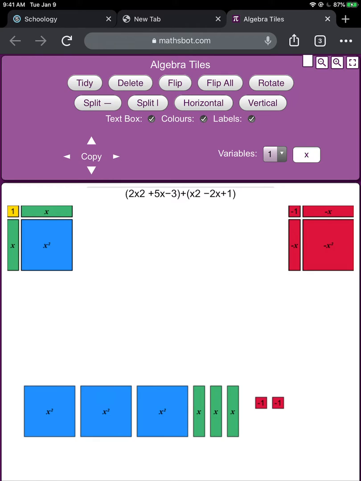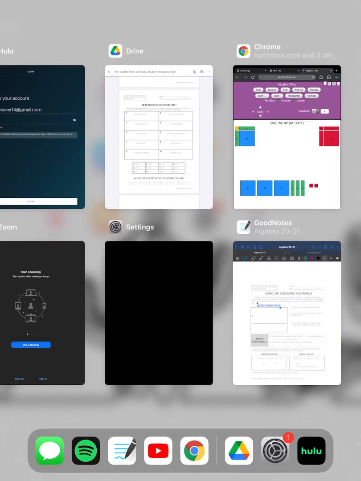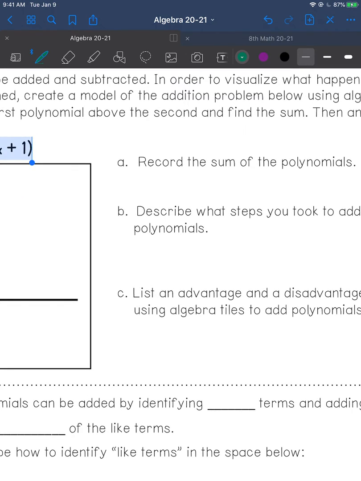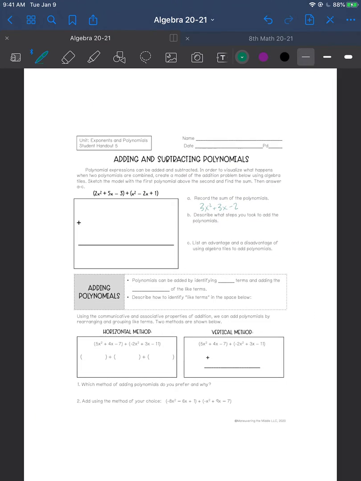So in our notes, record the sum of the polynomials. It was 3x squared plus 3x minus 2. If you're not understanding algebra tiles, do not worry. That is not the only way that we can use to add polynomials.